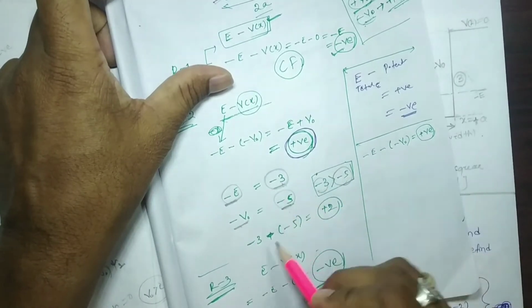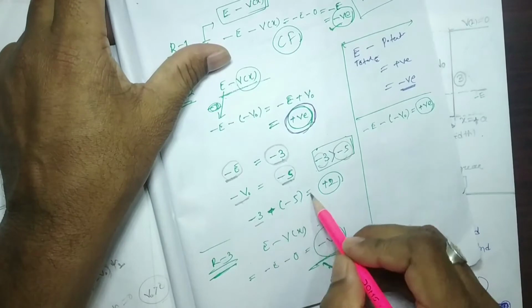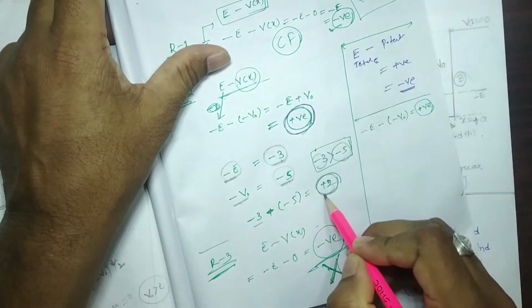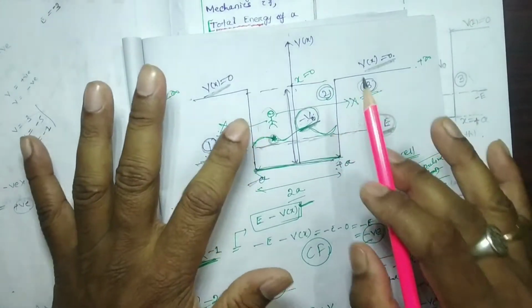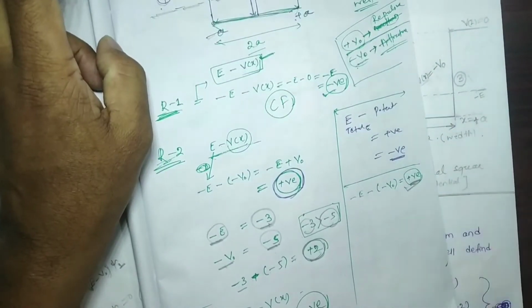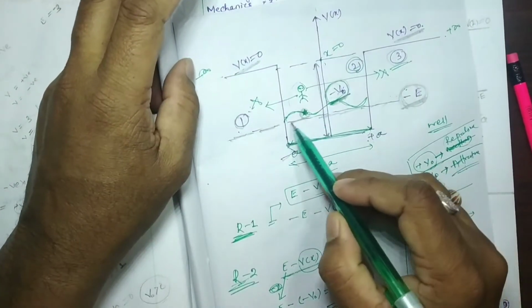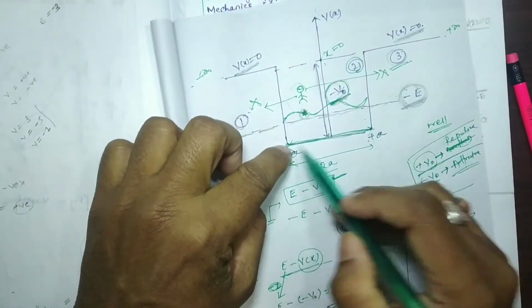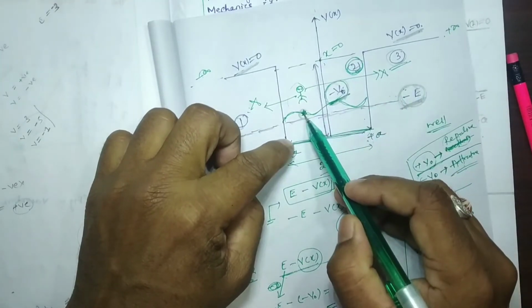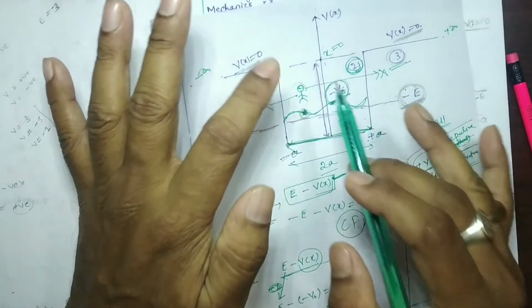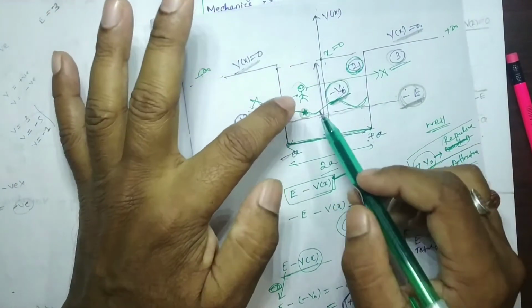If we consider minus 3 minus of minus 5, we get plus 2, a positive value. Positive means, carefully listen, in the region minus a to plus a, the second region, the particle is in a dynamic state, in motion.